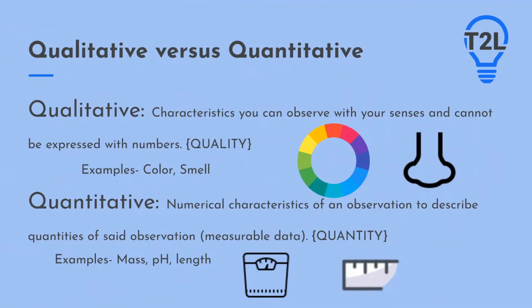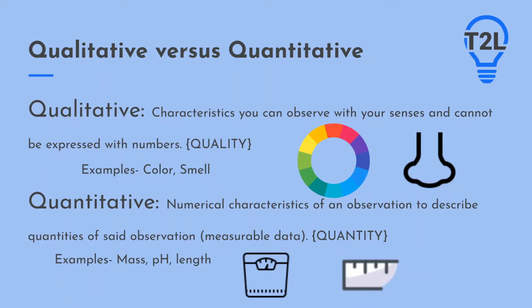Another really important thing in science fair is knowing the difference between qualitative and quantitative measurements. Qualitative measurements are characteristics that you can observe with your senses and that can't be expressed numerically, like color and smell. Going back to the sunflower experiment, one of the dependent variables being measured was color, and that's qualitative because you can't use numbers to express that.